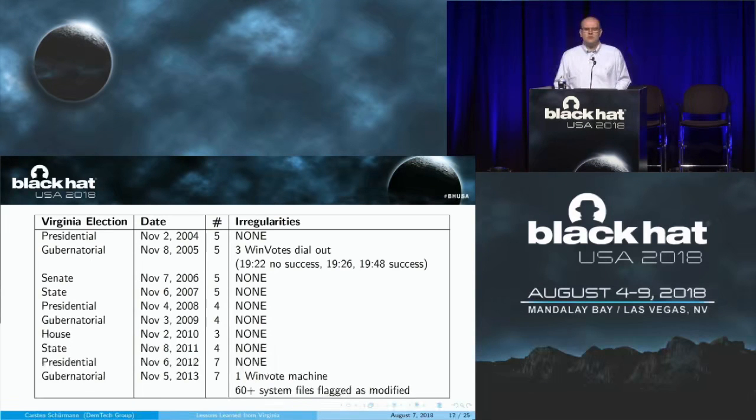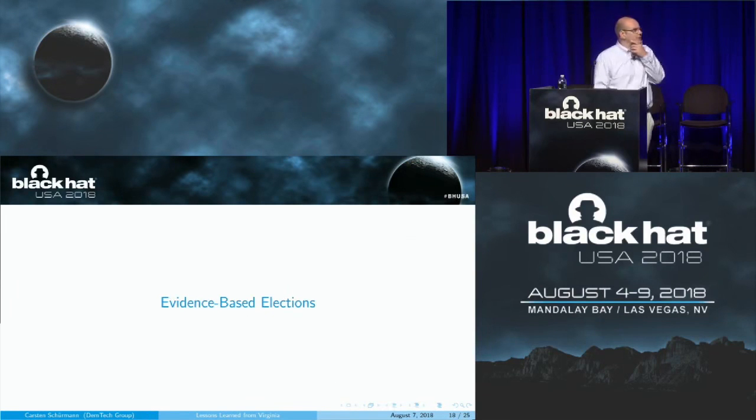So the question really is, how do we get out of this? I think we have to remember that our elections need to produce some kind of evidence. And the only evidence that I had for the WinVote in these prior elections are those drives in those machines. So if the machine doesn't actually print out any paper, that's the only evidence we have. And that's just not very good evidence.